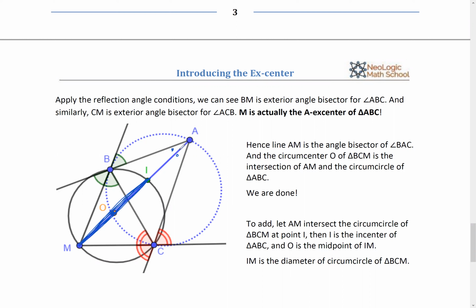I hope you solved the problem. Now, if you didn't solve it and now you see the solution, I think there's one thing that you start to realize: solving a difficult geometry problem is not just about whether I know the theorem or not. You might know a whole lot of theorems, but you may not be able to solve a problem. The difficulty is really seeing through the disguise.